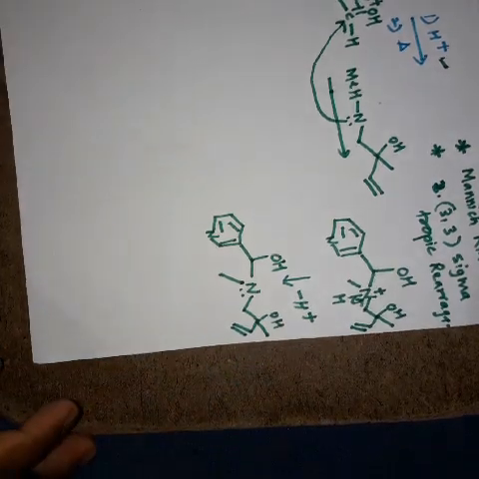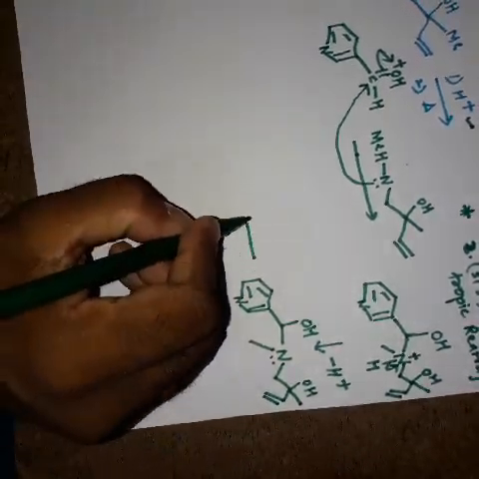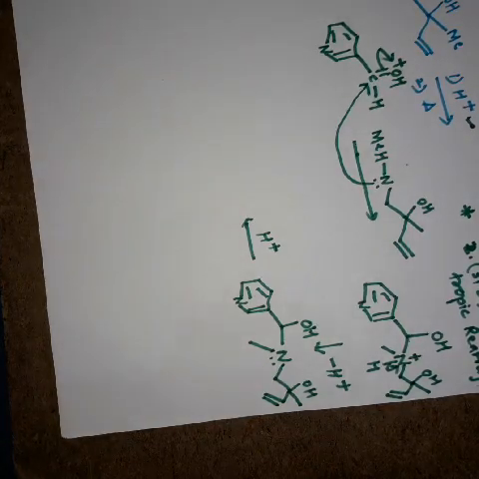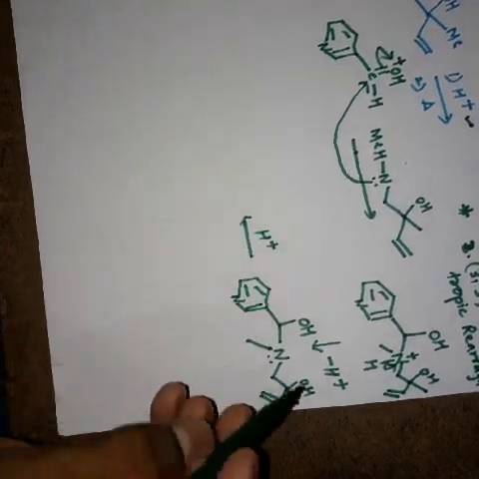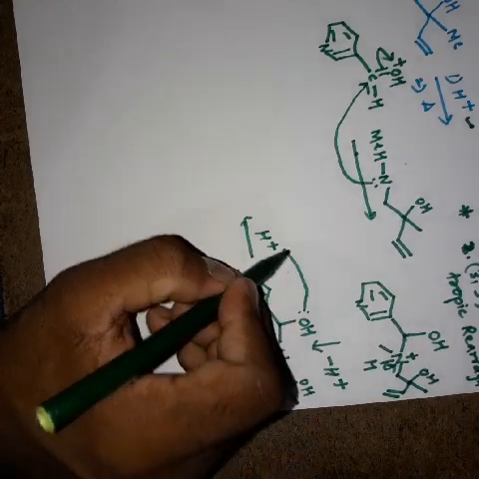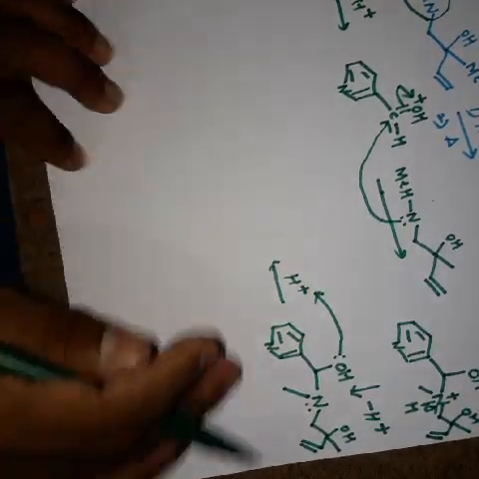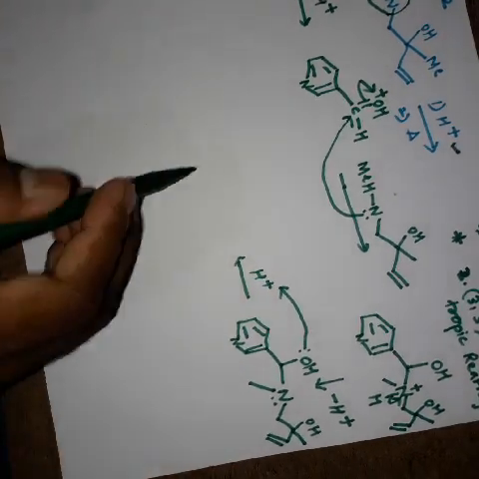So nitrogen regains its lone pair. Now since the hydrogen ion gets eliminated, this hydrogen ion will get accepted by this lone pair of oxygen in OH, in order to convert OH into a water molecule as a leaving group.